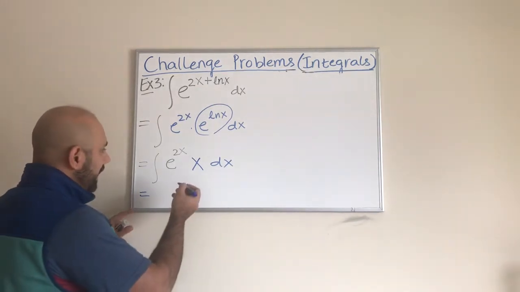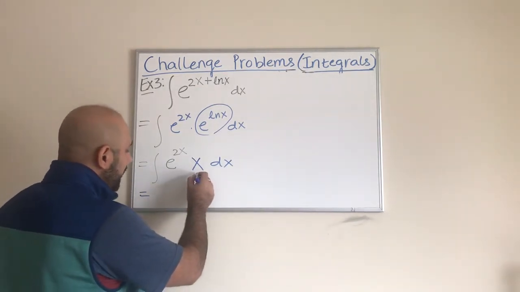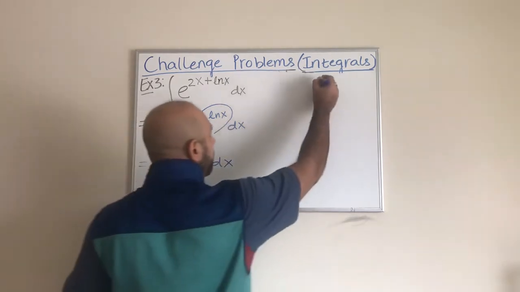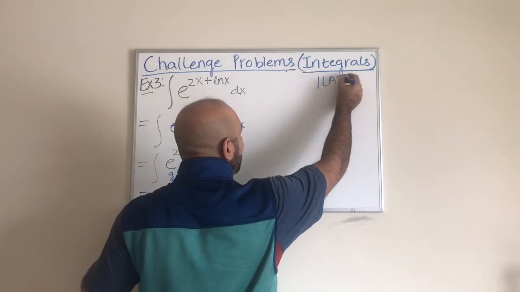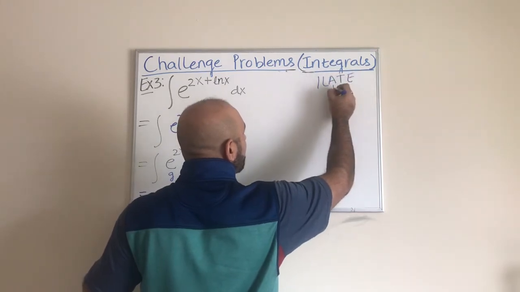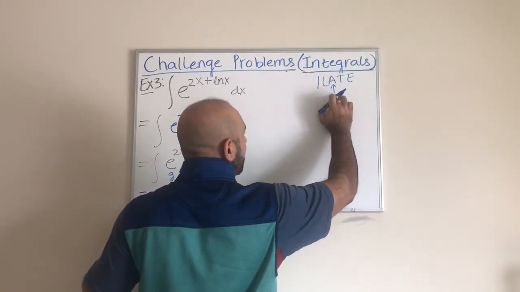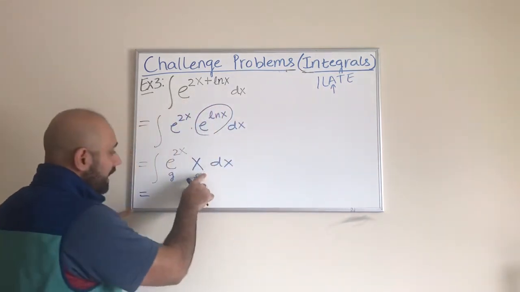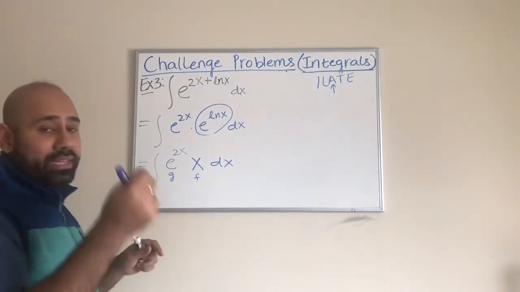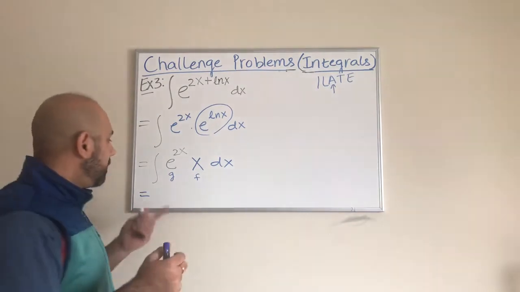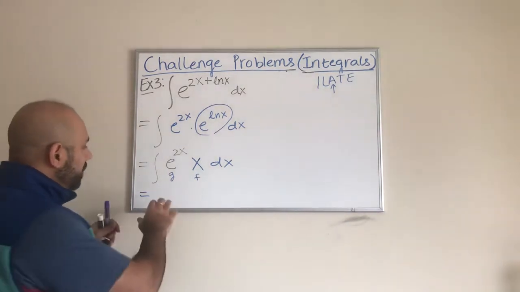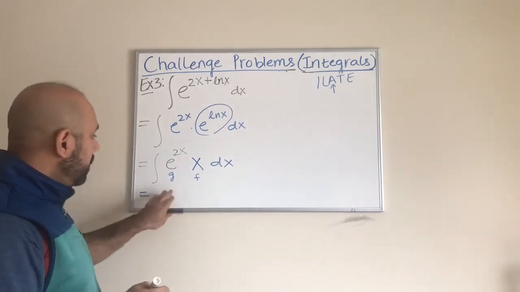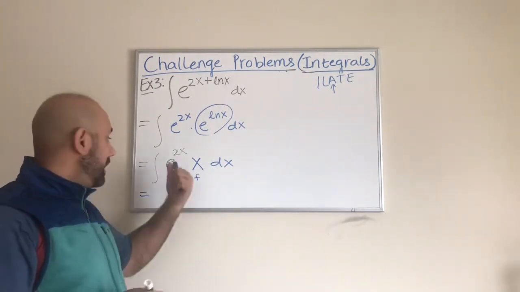In this case, obviously, we are going to use this as f and this as g, because keep in mind we are still following this ILATE technique, where the algebraic function takes precedence over the exponential function. The algebraic function is x, so I'm going to use that as f, and the other one, the exponential function, as my function g. Here, I'm going to write the general form for integration by parts, and then we are going to use that formula to actually evaluate the integral for this.